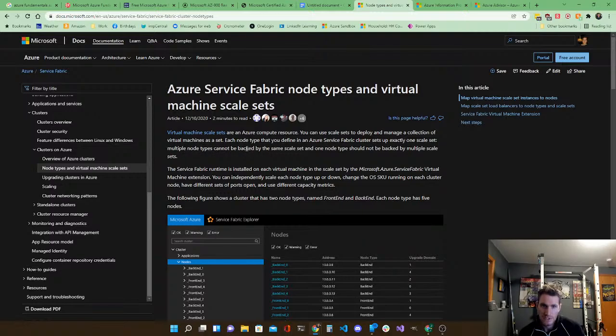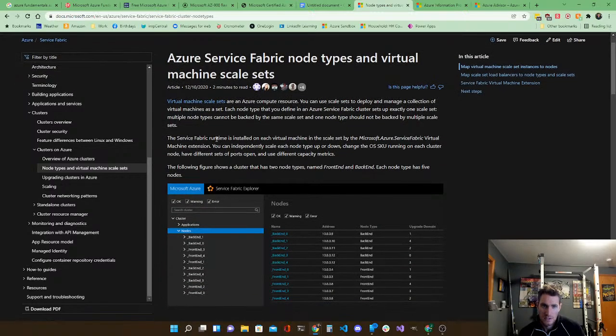Multiple node types cannot be backed by the same scale set, and one node type should not be backed by multiple scale sets. Okay. So you kind of want to keep it one node type to one scale set. Can't have multiple node types on the same scale set. You don't want to do one node type with multiple scale sets.